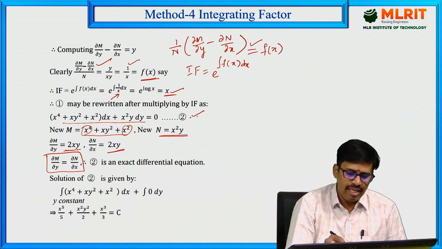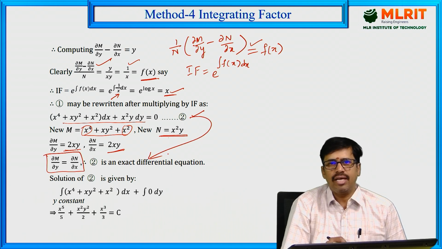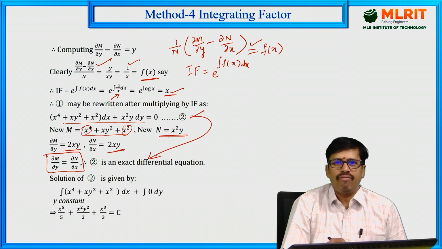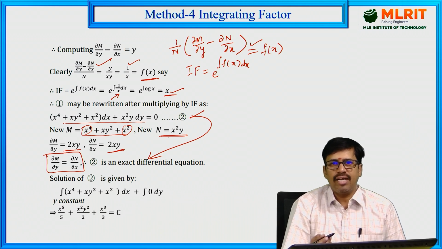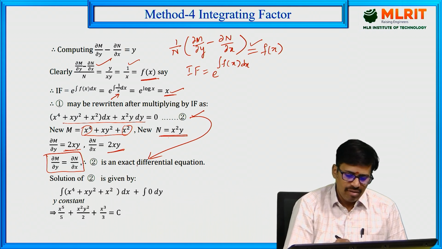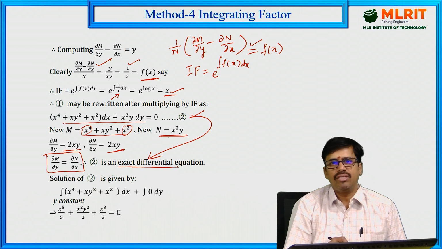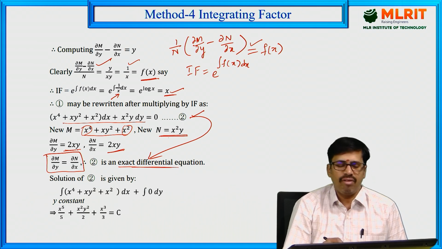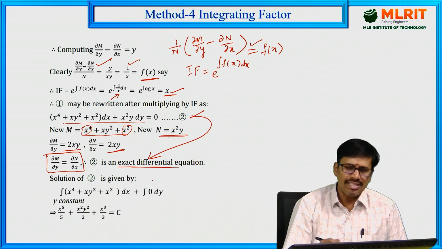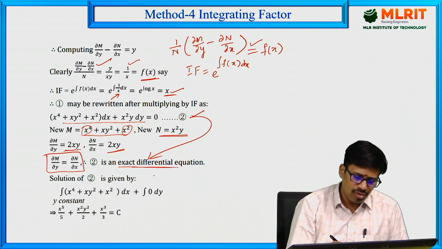Now this equation 2 is an exact differential equation. After multiplying the equation with the integrating factor, the given differential equation is converted into an exact differential equation. Once it is made exact, let us find the general solution.